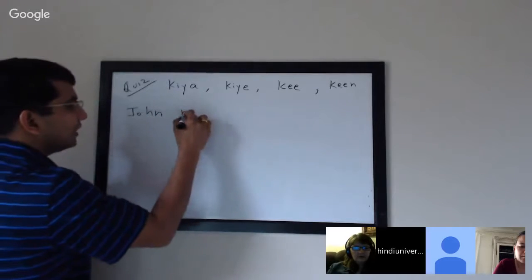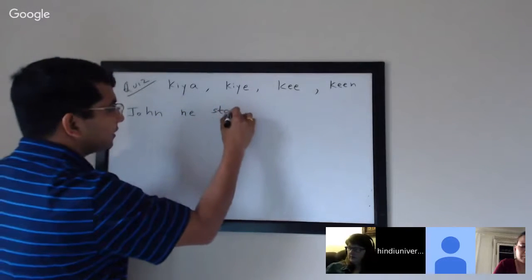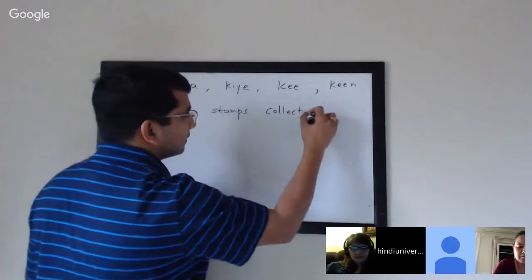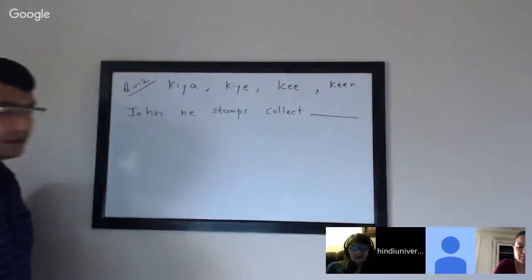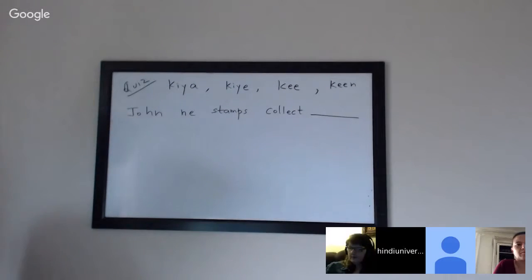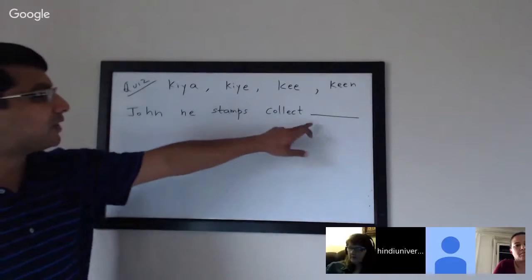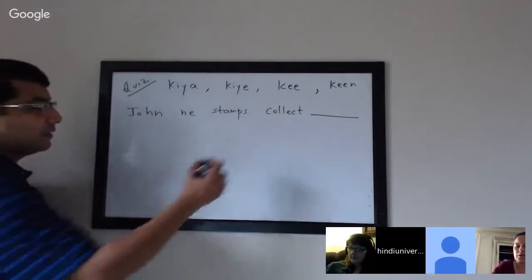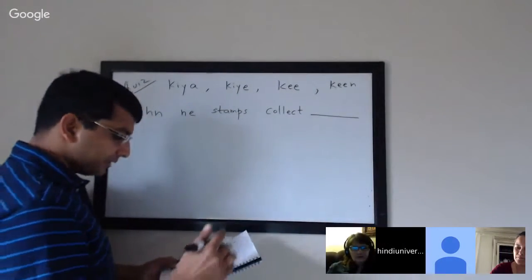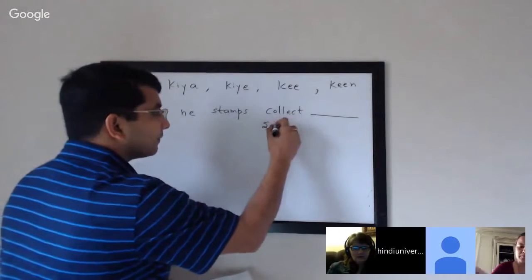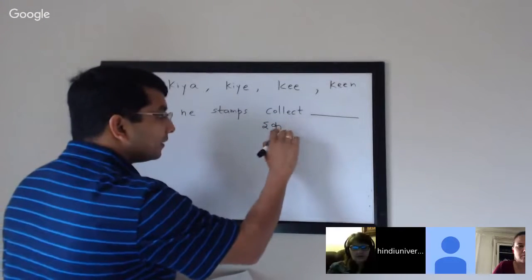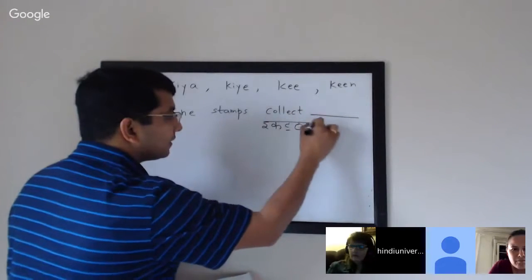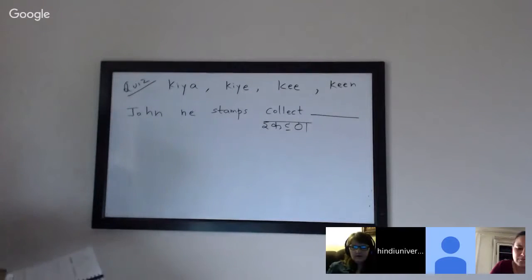First one is John ने stamps collect. Read it again and again, and really figure out which form of karna you will be using here. Collect is nothing but, for those of you who are interested, इकट्ठा. Okay, that's the first one.